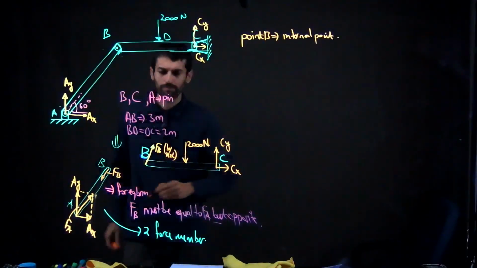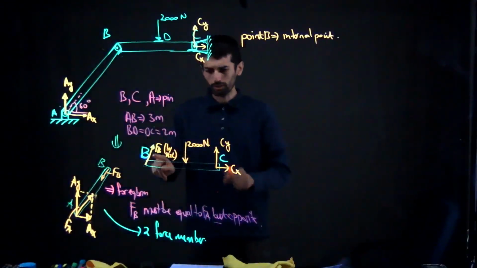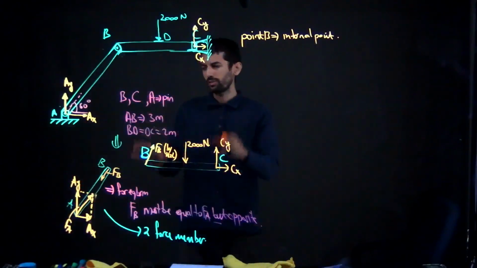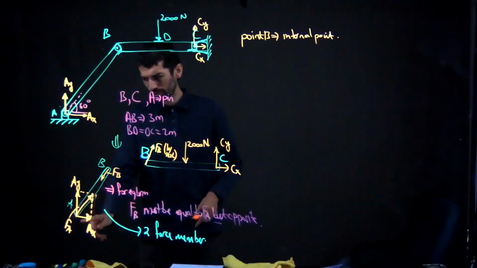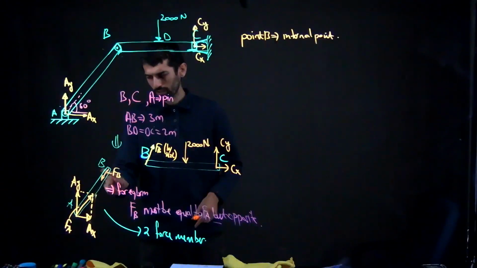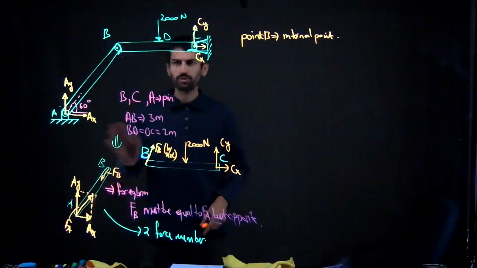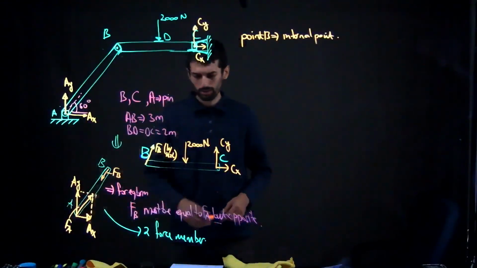So as you can see, we have one unknown, two and three unknowns. But if you didn't write this way, we would have one unknown, two here, x unknown here, Bx, By here, 4. But by simplifying it to a two-force member, we have decreased the number of unknowns.